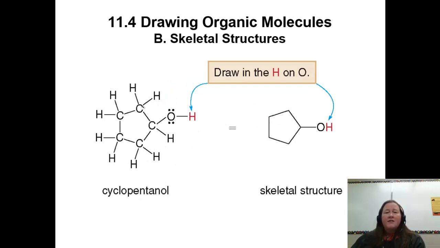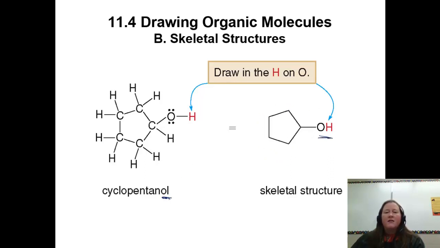In this case, since we have an oxygen attached, we have to include it. This hydrogen is attached to the oxygen, so we would draw it. But we leave all of these hydrogens off. We just assume that they're there. If you notice here, this is an OH group.